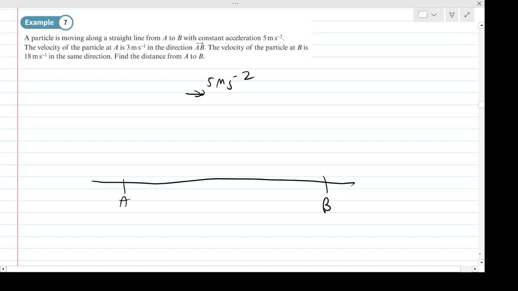The velocity at A is 3 meters per second, I'll write it down there, in the direction A to B. That's all that's saying, it's going from A to B that way. The velocity at B is 18 meters per second. It says find the distance A to B. So what is this distance here?